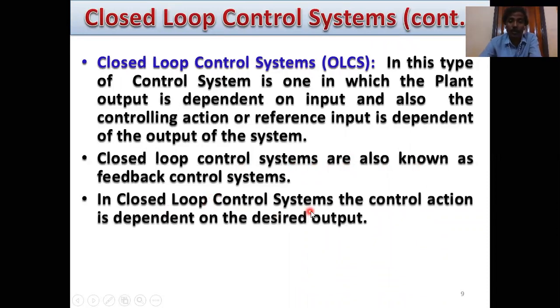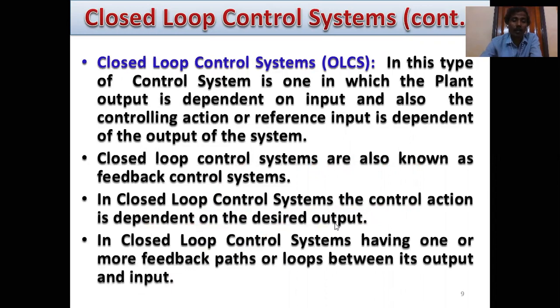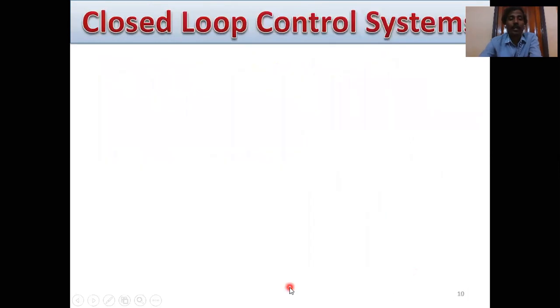In closed loop control systems, the control action is dependent on the desired output. Closed loop control systems have one or more feedback paths or loops between the output and input. This is also a very important sentence.